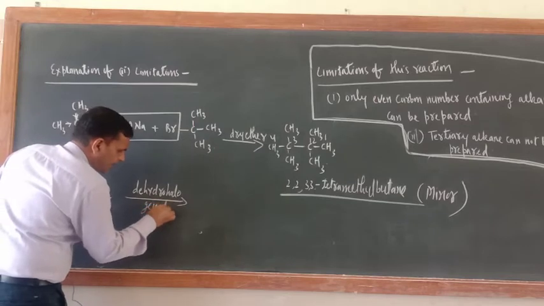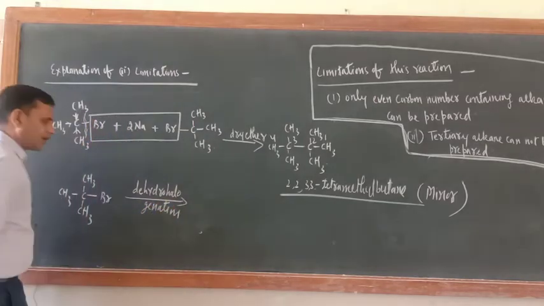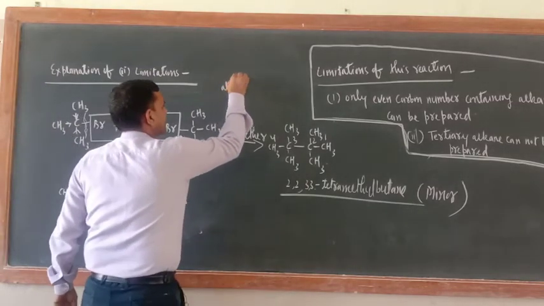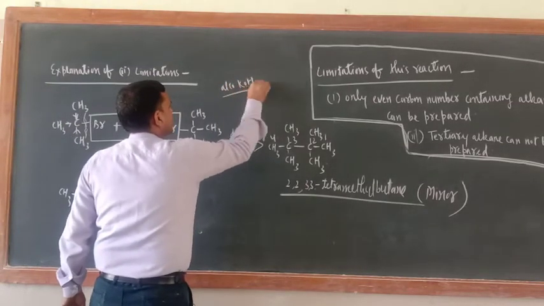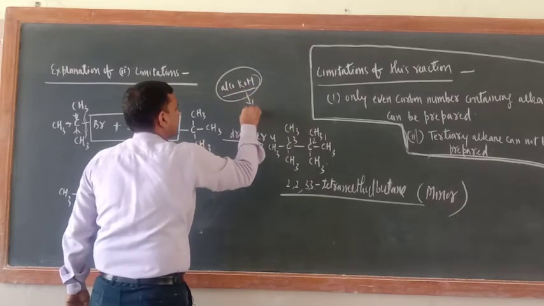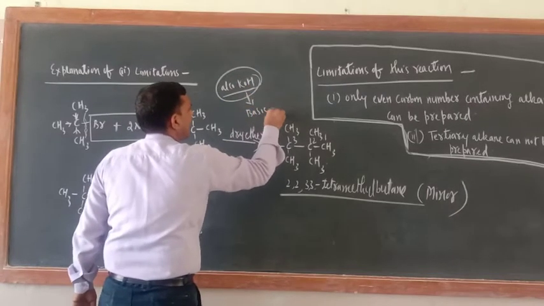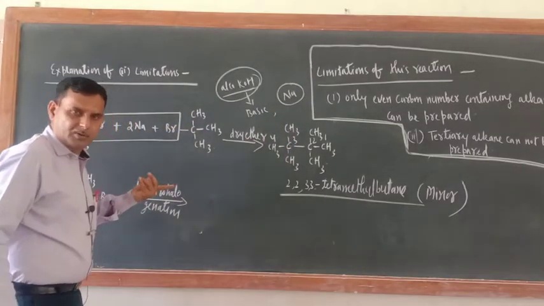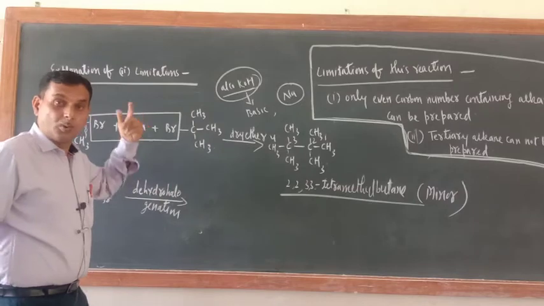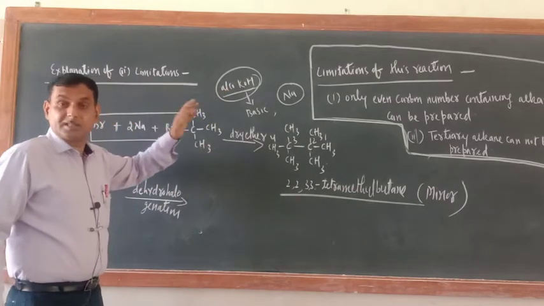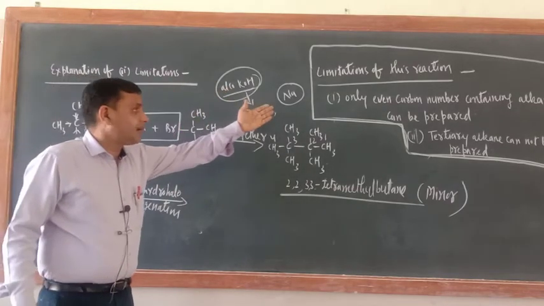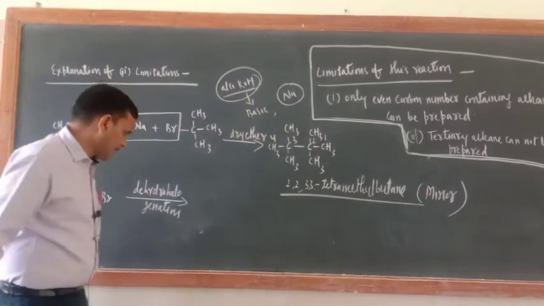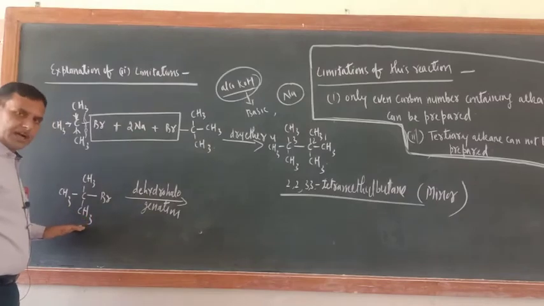It is a basic substance, and sodium is a metal, and the metal is also basic only. So it doesn't make much difference. Only the thing is alcoholic KOH is a very strong base, and the metal is also a base, but as compared to this one, its strength is less. So this will undergo dehydrohalogenation.